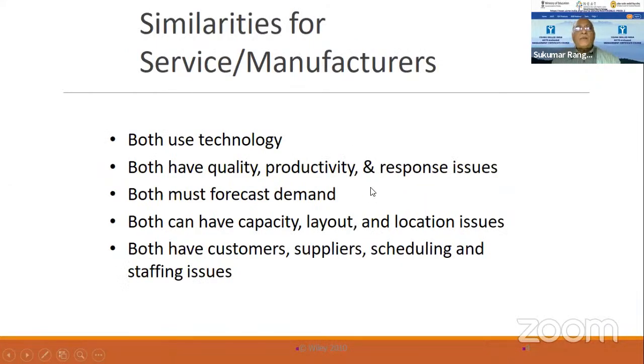Similarities, if you see, both use technology. Today, of course, whether you make pins or aeroplanes, you need technology. Whatever types of services you offer, you need technology. Both have quality, productivity, and response issues. Both must forecast demand.